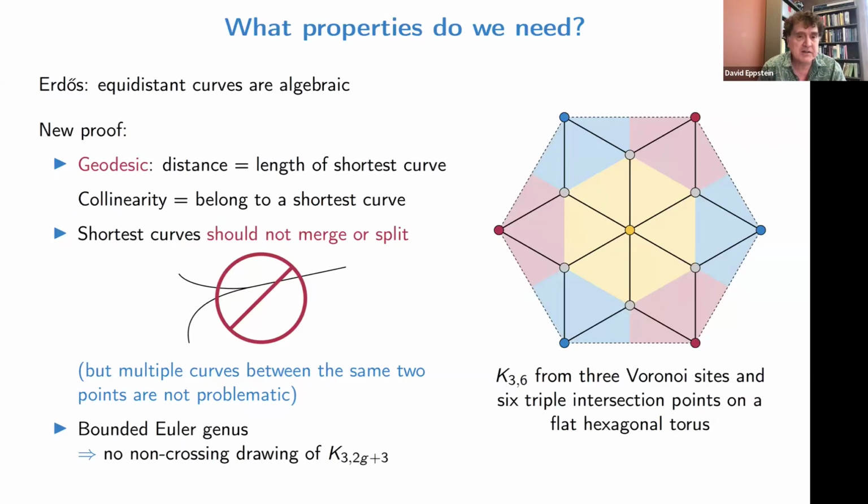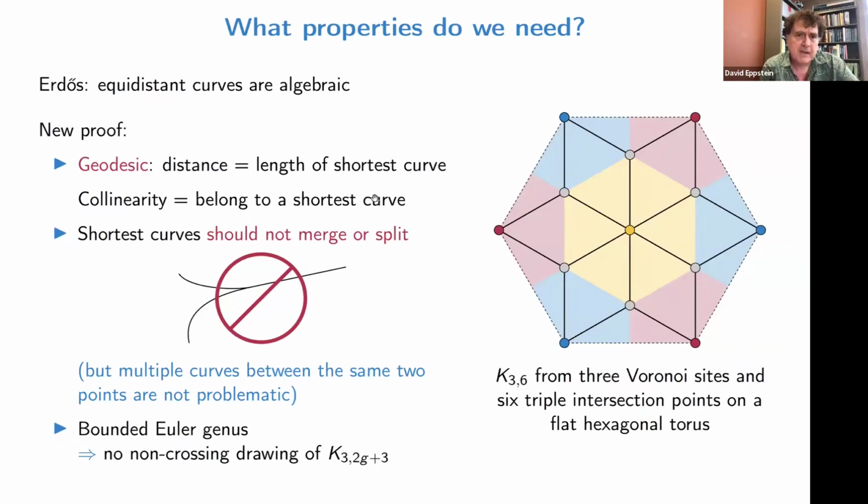That's true in Euclidean space. It's not true of some other spaces. But we don't want to allow these shortest curves to merge or split with each other at interior points. That property is going to be important in the detailed analysis of the Voronoi diagrams that we need to make this proof generalize.